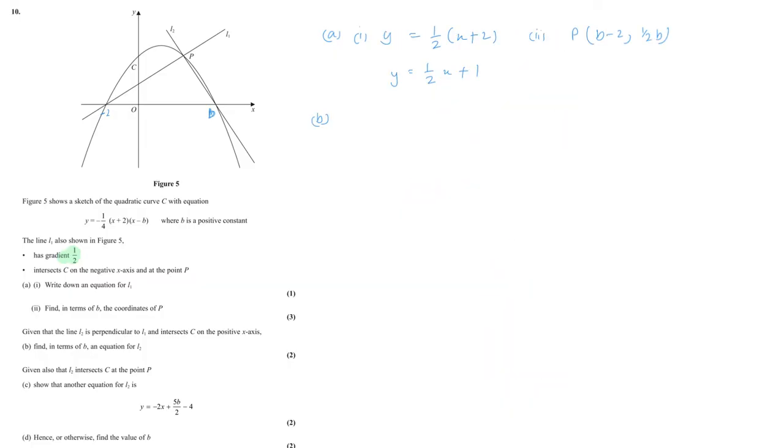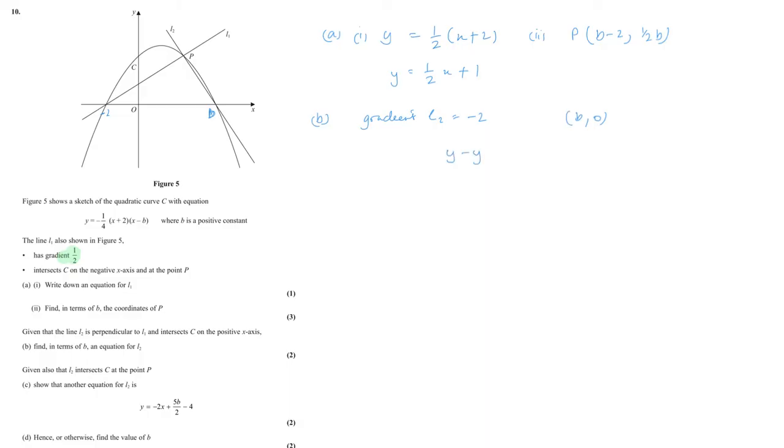Okay, next we need to find an equation for L2. It's perpendicular to L, so the gradient of L2 is, now the first one was a half, so this is going to be -2, and it intersects C at the positive axis, so it intersects C at B, so it's going to cross the coordinates b, 0.